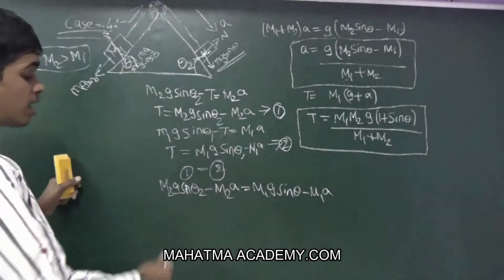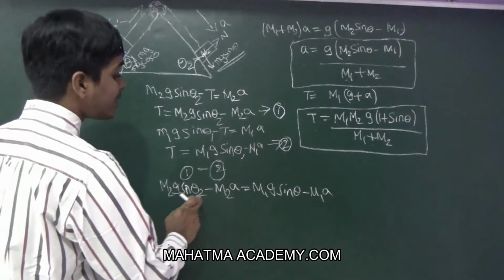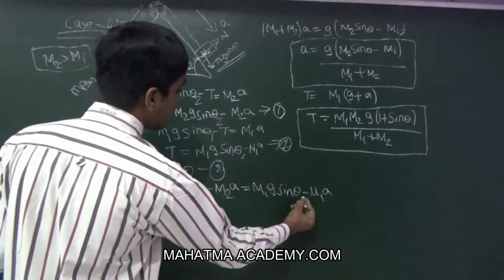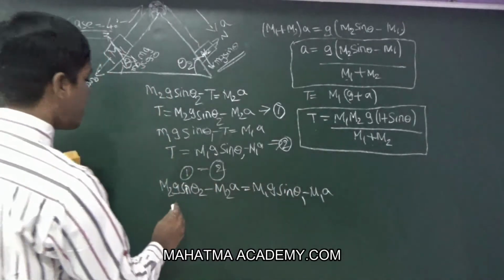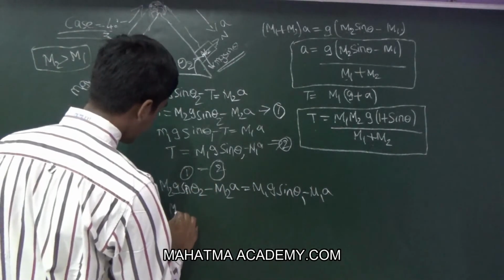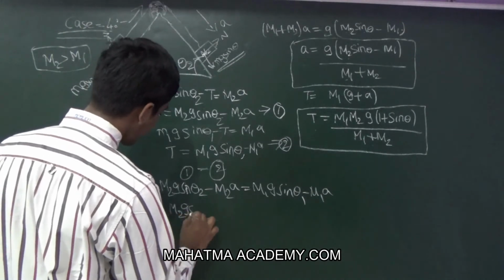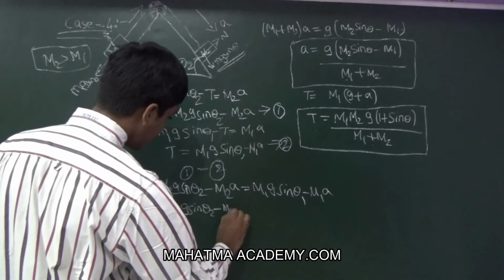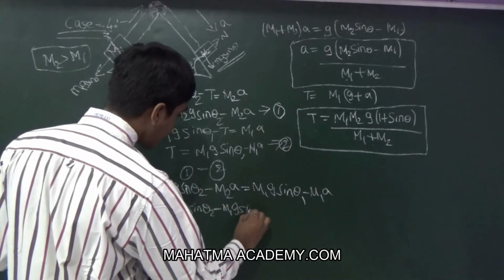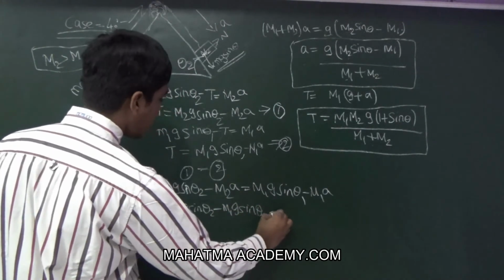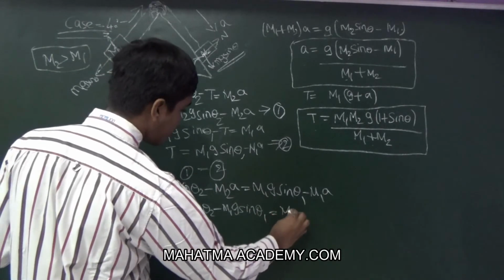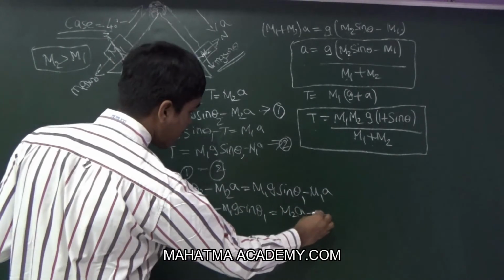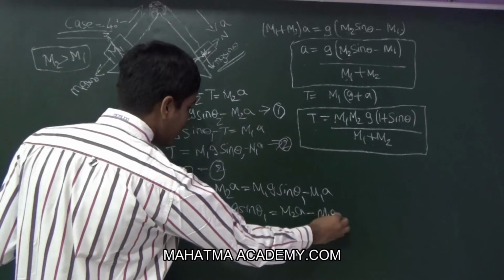If we take the m2g sin theta terms on the left hand side, we will get m2g sin theta 2 minus m1g sin theta 1 is equal to m2a minus m1a.